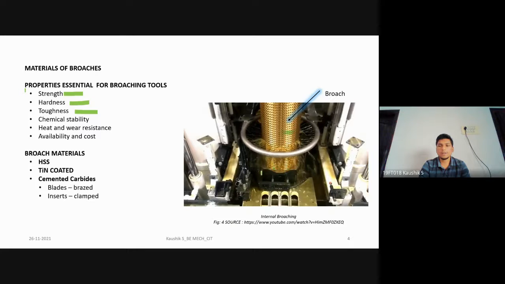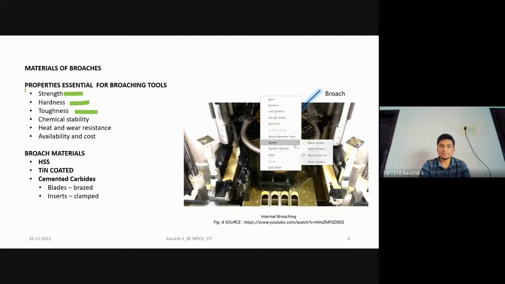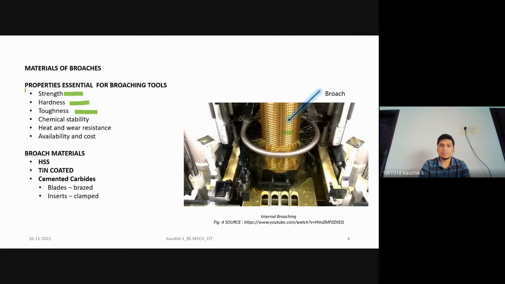If the workpiece has a very high toughness, the broach tool has to have toughness greater than that of the workpiece. Also, these broaching tools have to be chemically stable, and heat and wear resistant. The broach tool must also be economical and easily available.